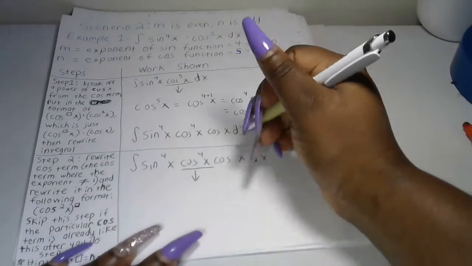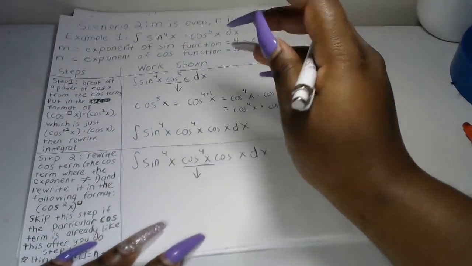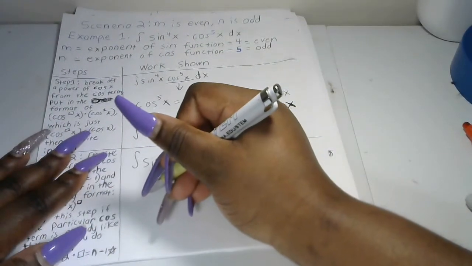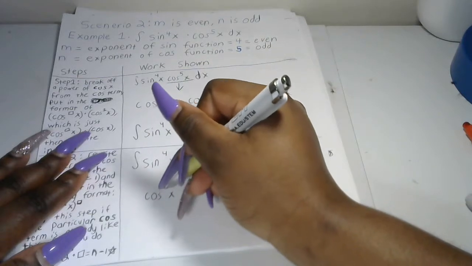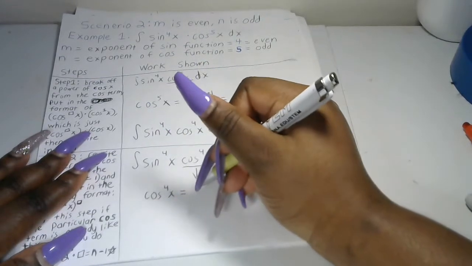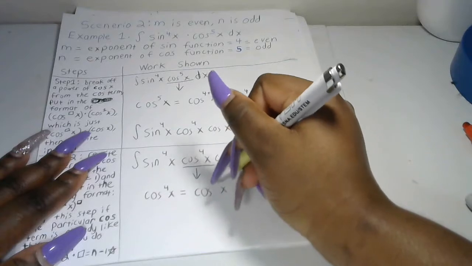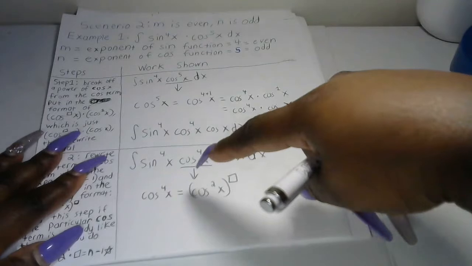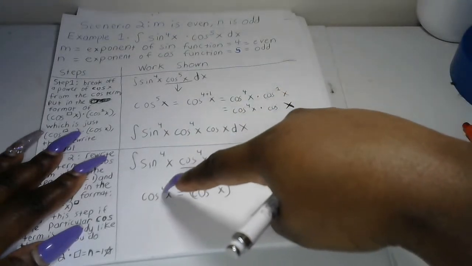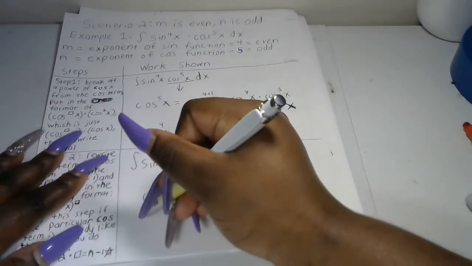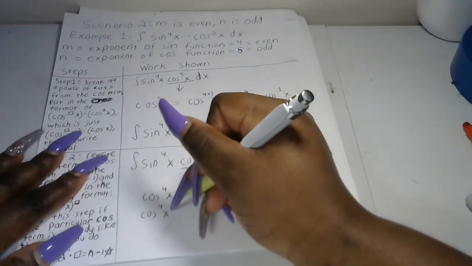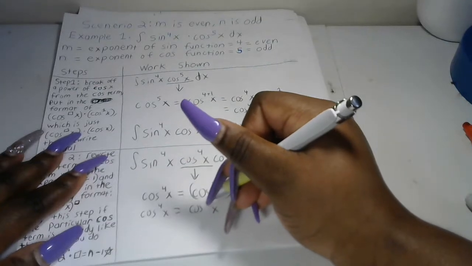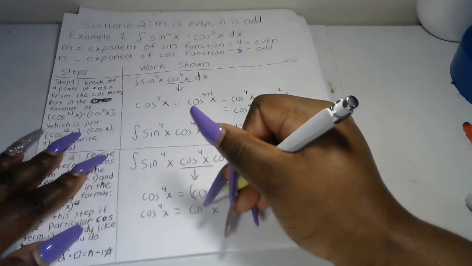So, remember how I said in rule number 2, before I even bring that up, let me write it here, cosine x to the 4th, right? So we have to take this and put this into cosine x to the 2nd power, to the power of something. Now, remember how I said in rule number 2, you can break down the 4 into this, right? So cosine x to the 4th is equal to cosine x to the power of 2 times 2.